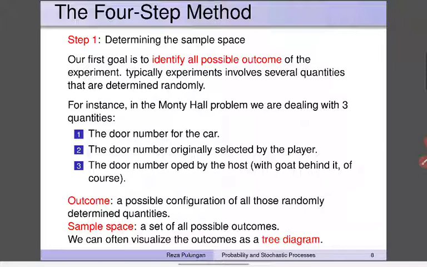An outcome is a possible configuration of all those randomly determined quantities. Once you fix their values, it becomes an outcome. And the sample space is simply the set of all possible outcomes. We can often visualize the outcomes as a tree diagram, and this will simplify things and allow us to look at these outcomes systematically.